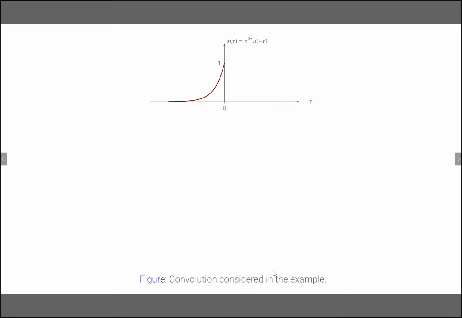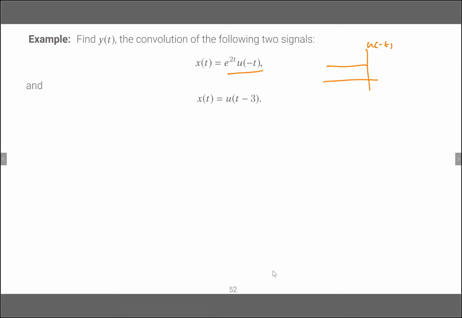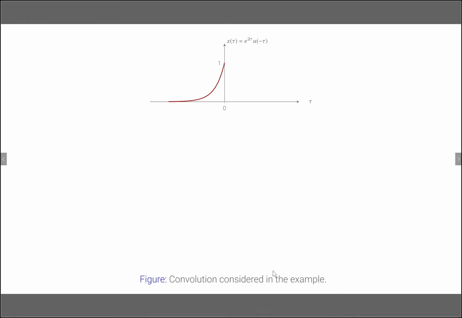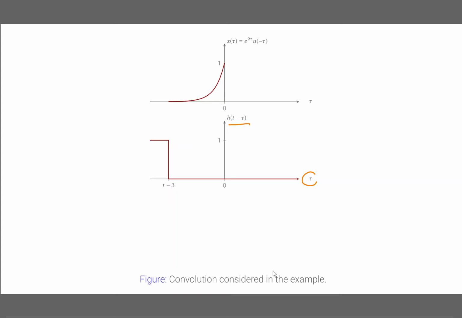So x(tau) is equal to e to the power of 2 tau u(minus tau). So this is that signal, and then we have h(t) is equal to u(t minus 3). So this is that signal within the tau axis, and it has been reflected and plotted. So take some time to think about it and verify that this is the case.